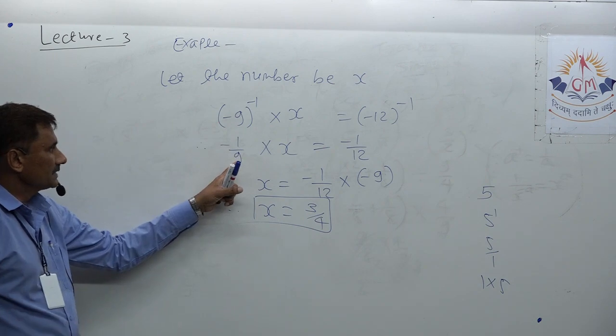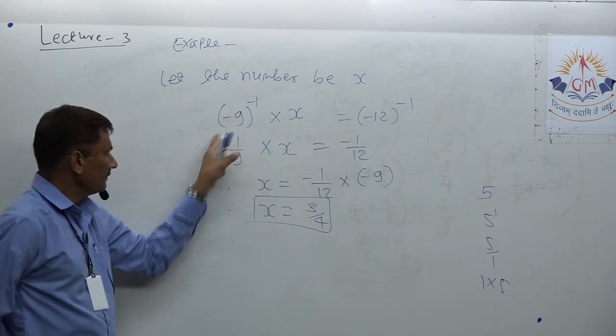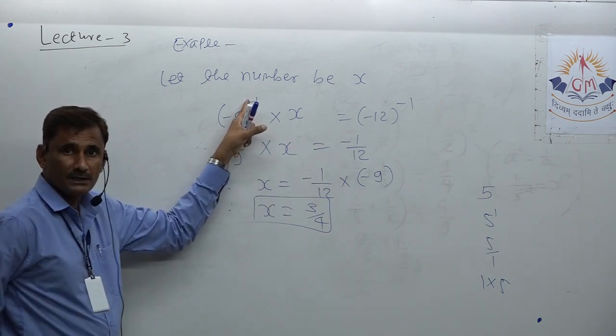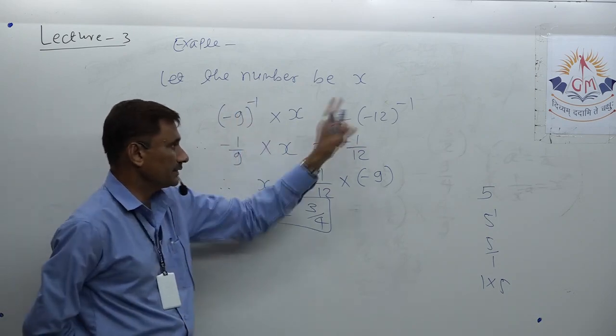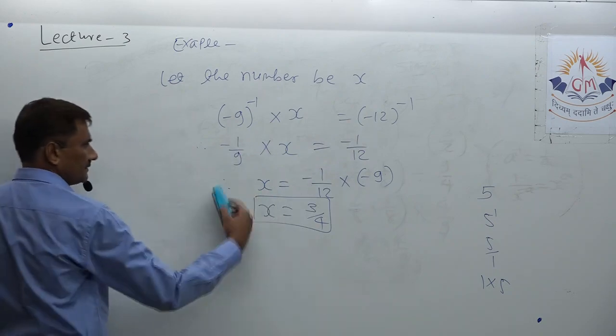Again inverse is written, inverse is written. Why? Because for getting exponent positive, so it becomes positive, raised to 1 I have not written. Okay, then only shifting is there.